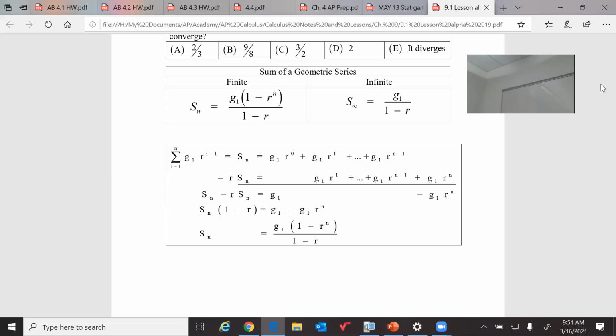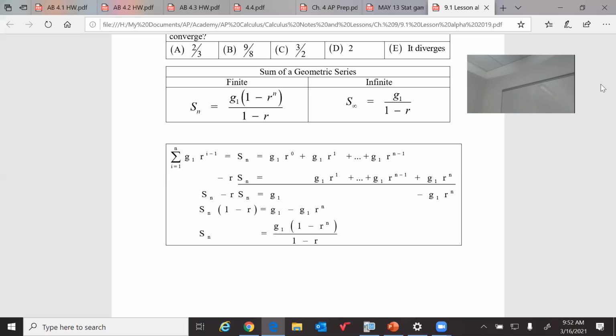Now, here's what's interesting. If it's infinite, it never ends, we can get the sum. Because look what happens. If R is less than 1, now we can only do this if R is less than 1, the constant ratio. If R is less than 1, when you multiply it by itself, it keeps getting smaller.